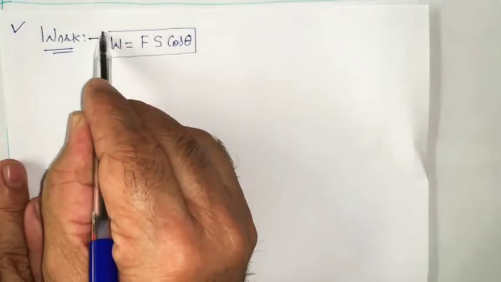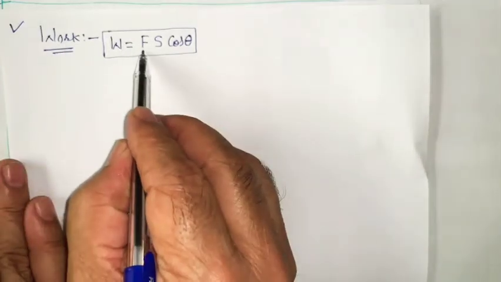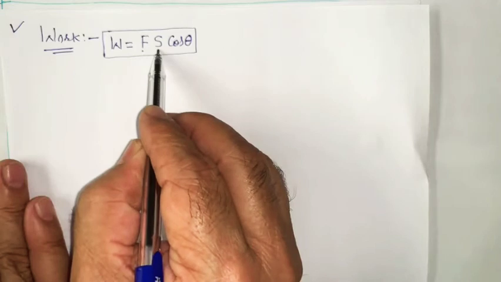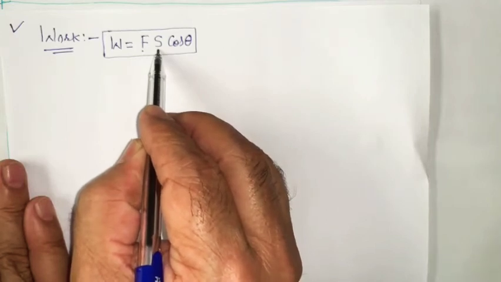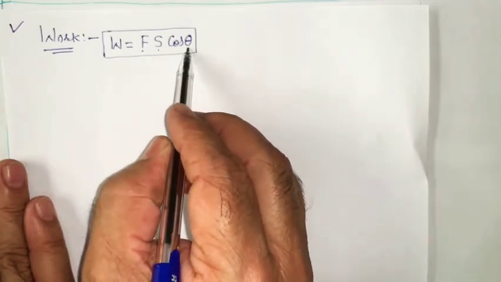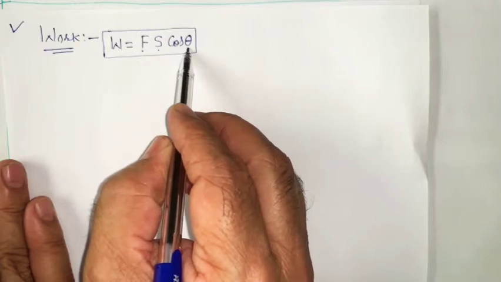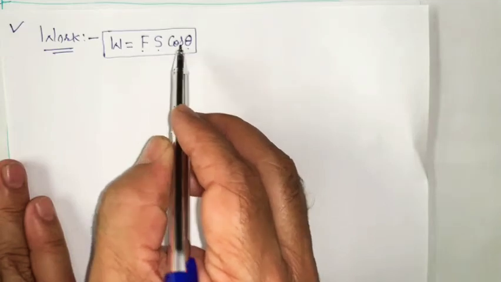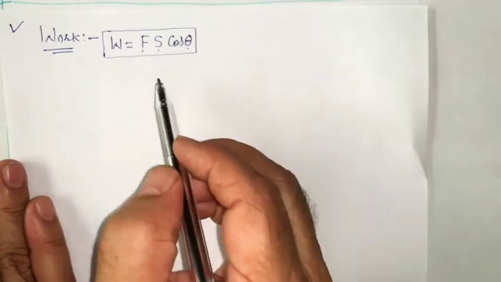Once again, you always know force is in Newton, distance is in meter, and theta is in degree: 60 degree, 90 degree, 30 degree, 45 degree. Then you find out the value of cos.